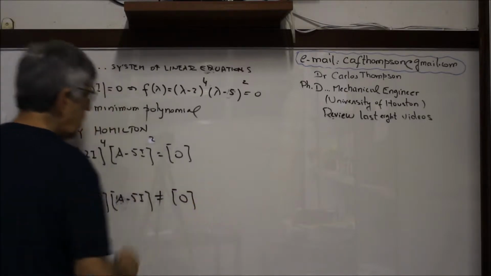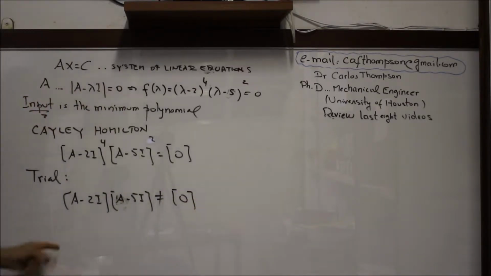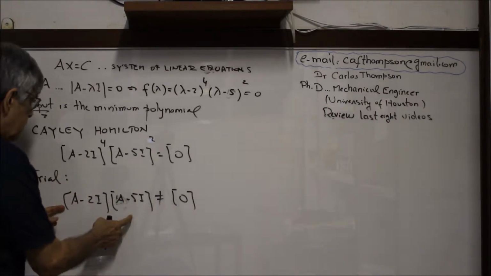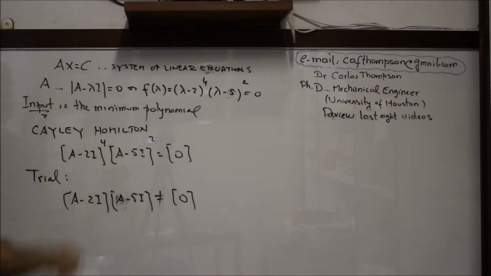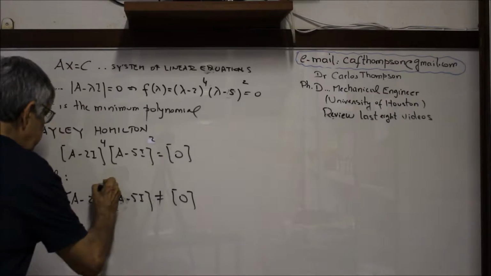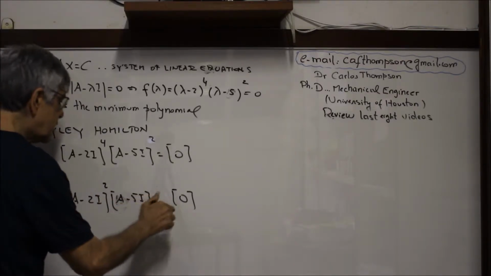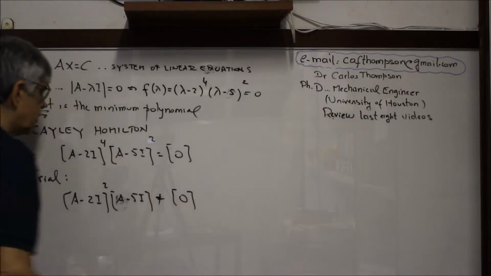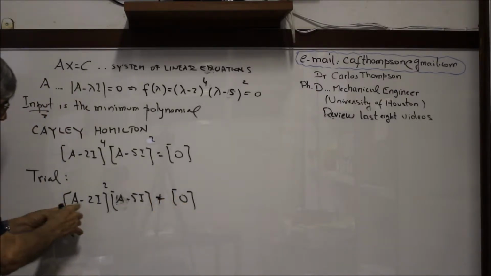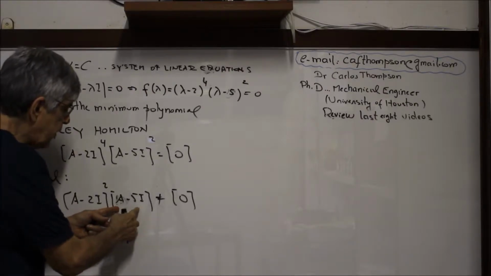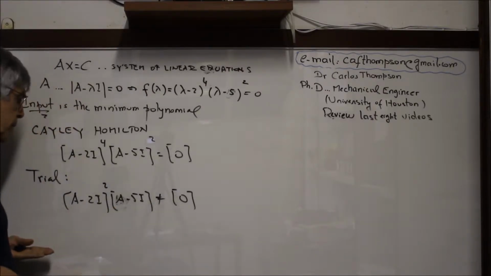Suppose the result is a matrix different from 0. So this is not the minimum polynomial of this matrix A. Now let's do another test: put 2 here and 1 here. Suppose it is still different from 0. So lambda minus 2 squared times lambda minus 5 is not the minimum polynomial.